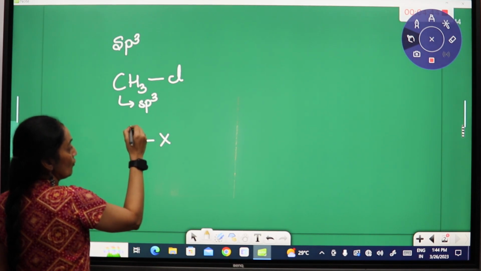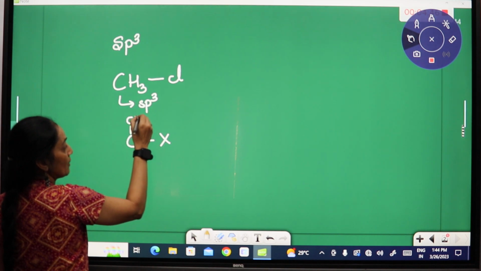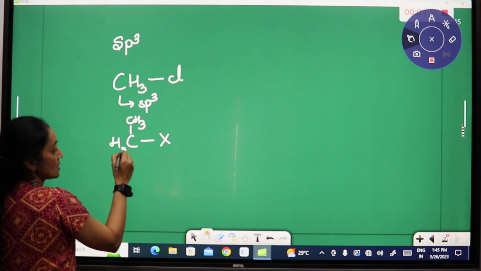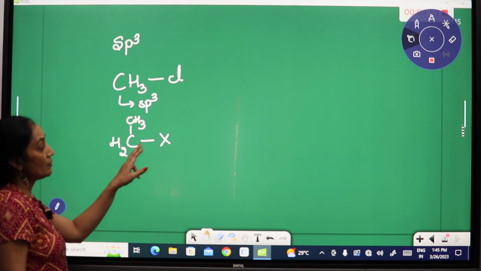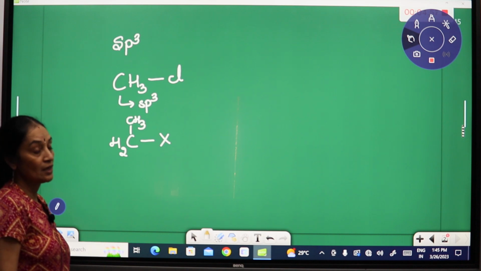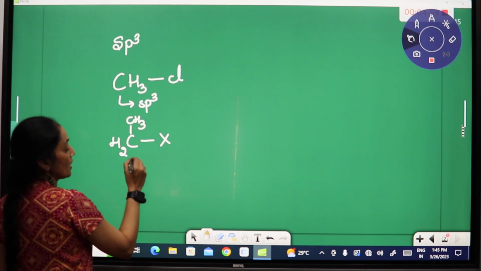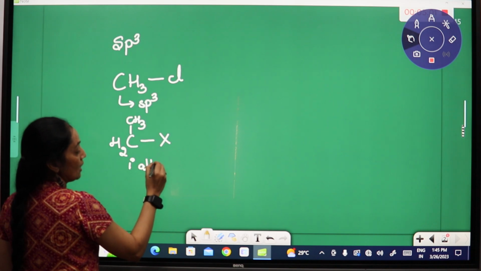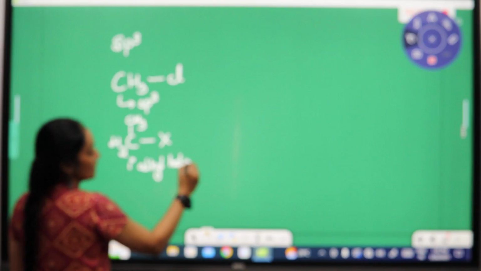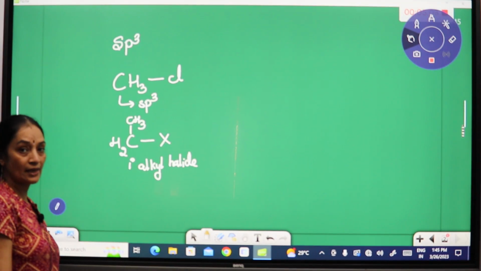In this, one of the hydrogen I am substituting by a methyl group. The rest 2 hydrogen remain as they are. I repeat, the carbon which is carrying a halogen, one of the hydrogen atoms has been substituted. Then we call this a primary alkyl halide.